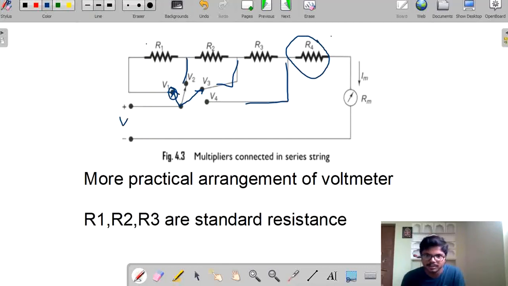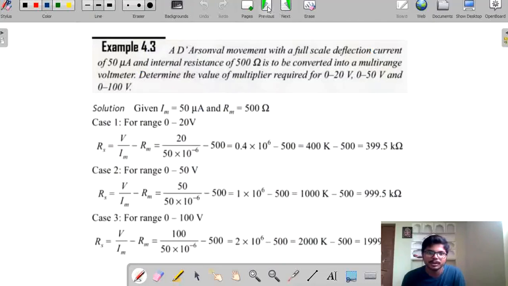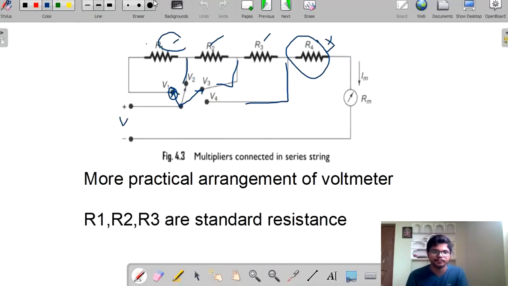It is not a fixed value, but R1, R2, R3, these 3 resistances, are fixed values. We are unable to change this R4 resistance. The resistances are connected in a series string, and the range selector selects the appropriate amount of resistance required in series with the movement.